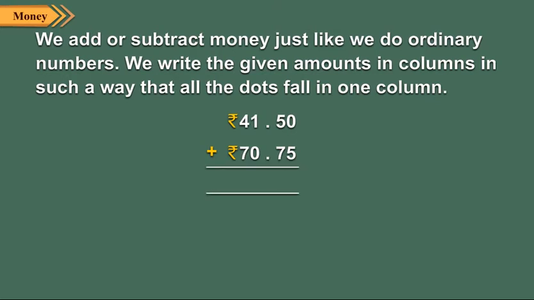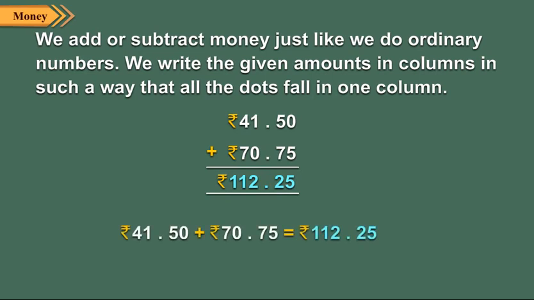We first arrange the given amounts in columns. We ignore the dot and add as usual. After adding, we put the dot just below the dot. So the required sum is rupees 112.25.